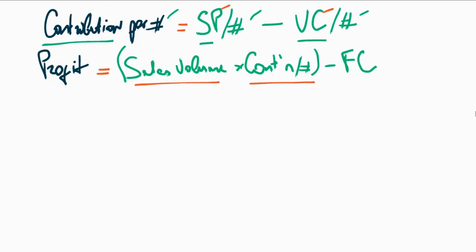So sales price total minus variable cost total and minus fixed cost total gives us the total profit. So no rocket science here.